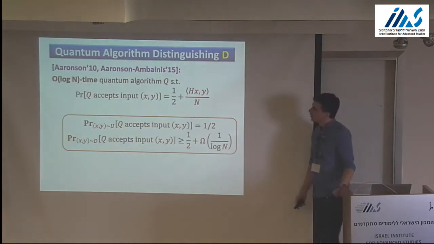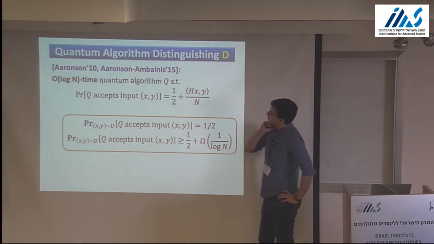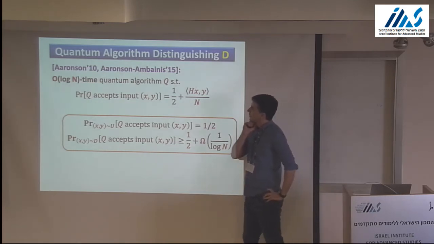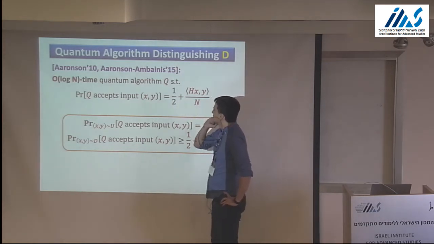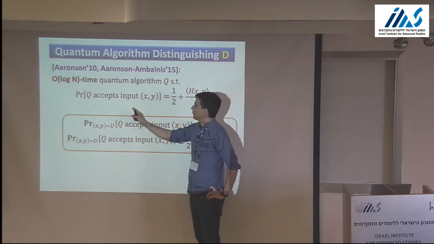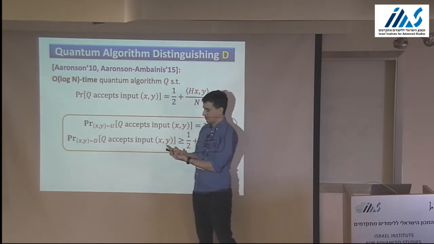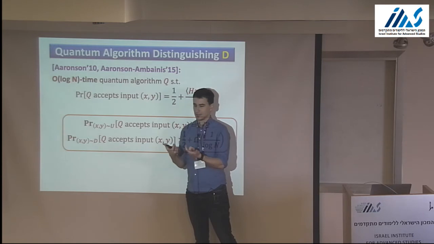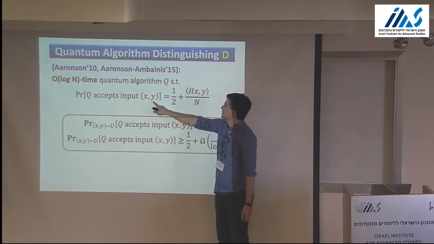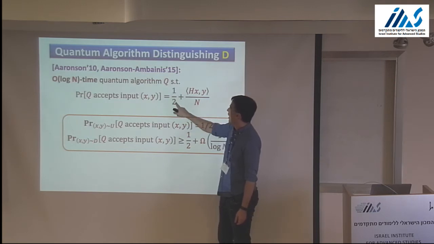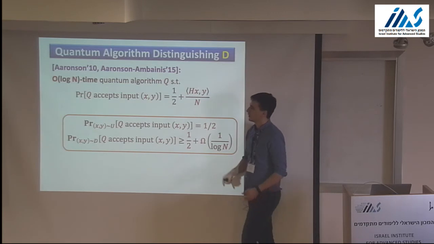Okay. So Aaronson, and this was simplified by Aaronson and Ambainis, they gave a very fast quantum algorithm, let's call it Q, such that the acceptance probability of the algorithm on a given input x, y, so think of x and y as strings of length n over ±1, equals exactly 1/2 plus the inner product of Hx with y divided by n.